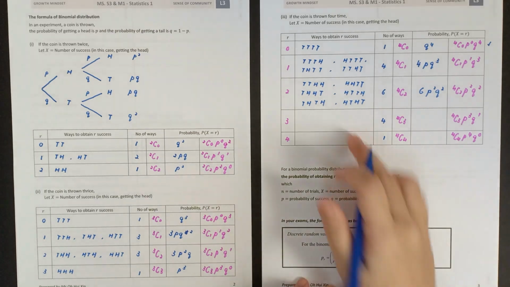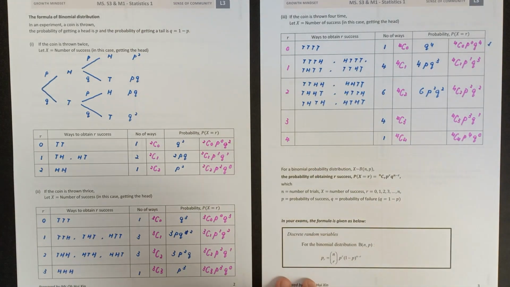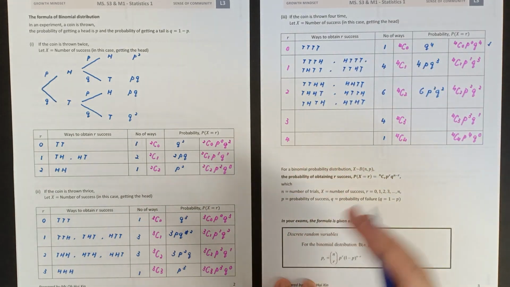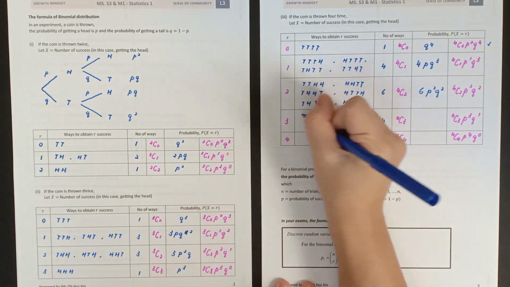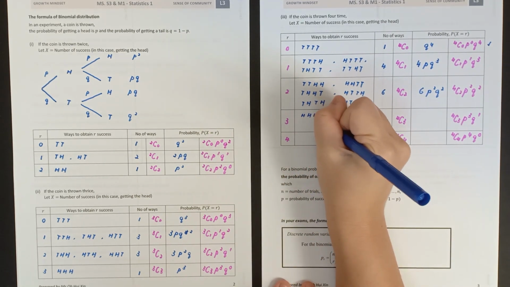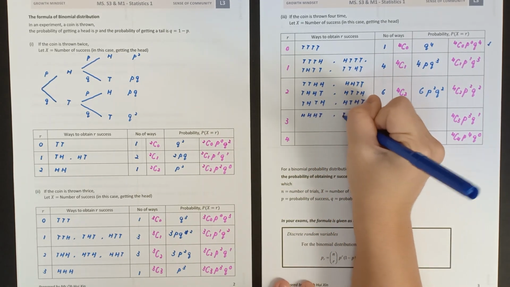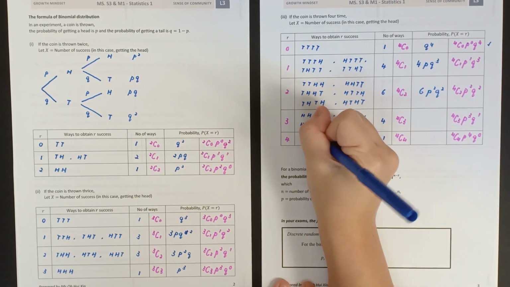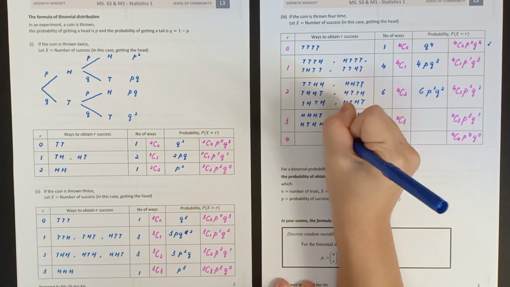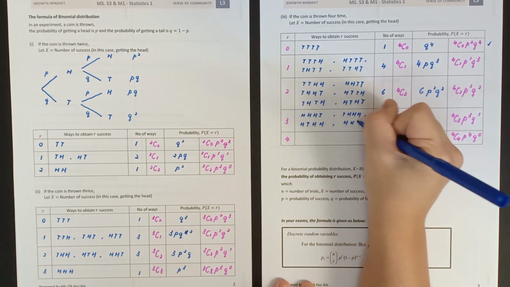Okay, so the same thing. I'm just trying to do this real quick because I realized I used quite a lot of time to explain this. So this one is for you to get 3 heads. So you can have head, head, head, tail; tail, head, head, head; or head, tail, head, head; or head, head, tail, head.